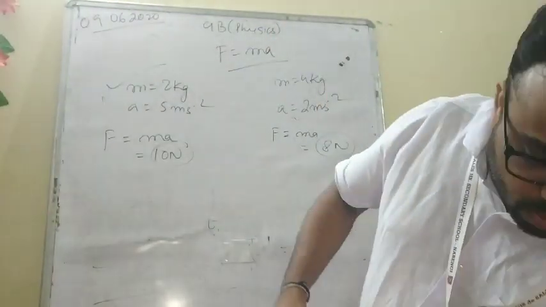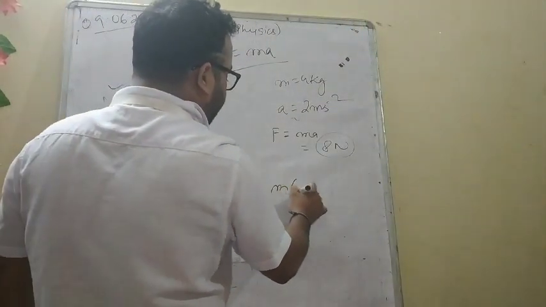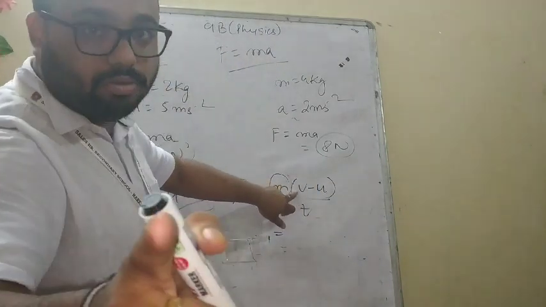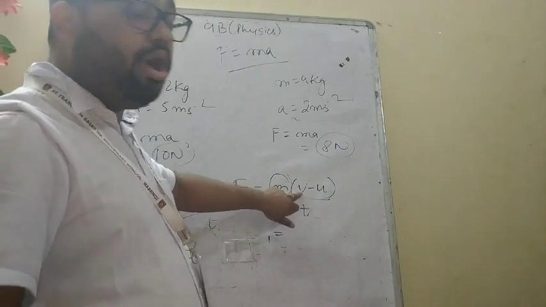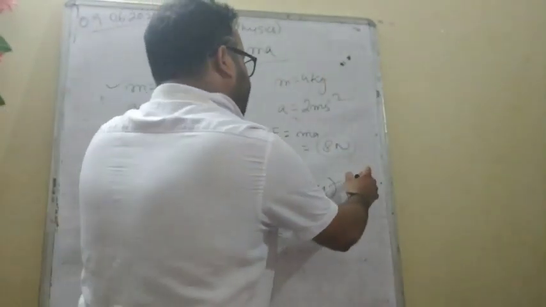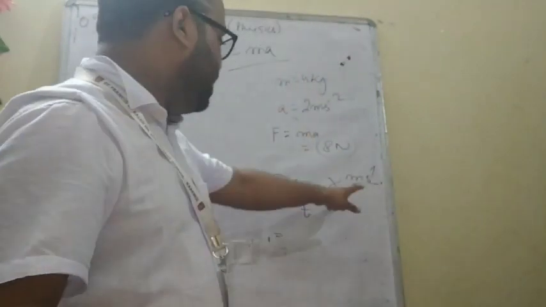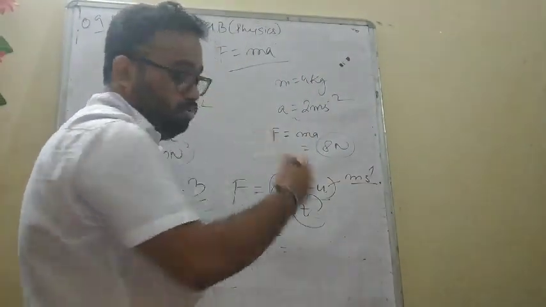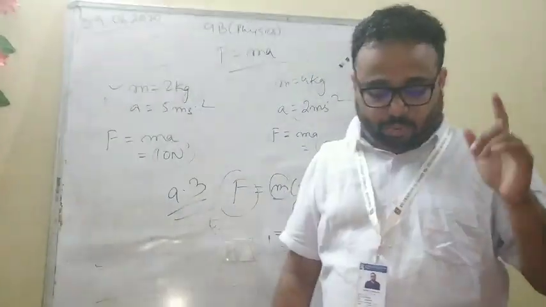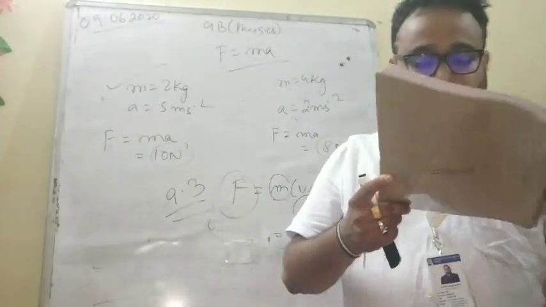Force is equal to m into (v minus u) by t. m is given. v will be 0 because it is stopped. u is 108 km per hour. Convert that into meter per second, and time is also given. Calculate the force. So these 3 examples will be homework for you people.